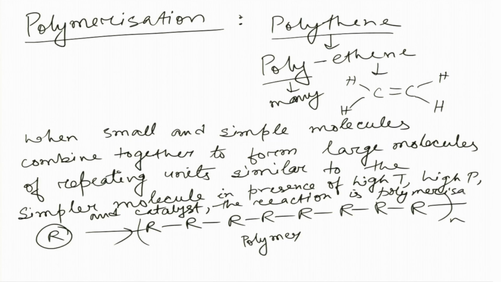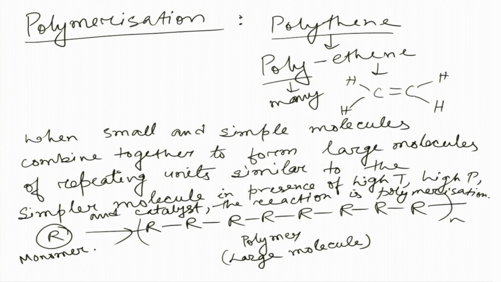Okay, so this reaction of combining of simpler molecules to form large molecules of repeating units in presence of high temperature, high pressure and catalyst is known as polymerization, and these large molecules are called polymers. And the small simple molecule with which we had started, this is called monomer.